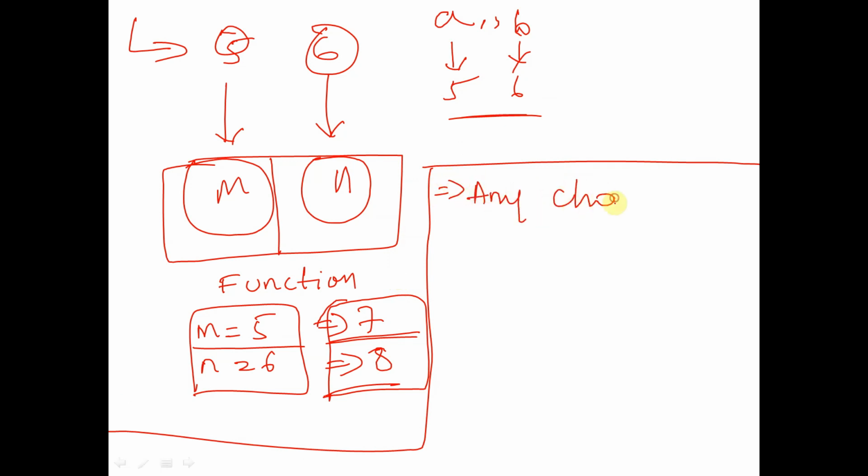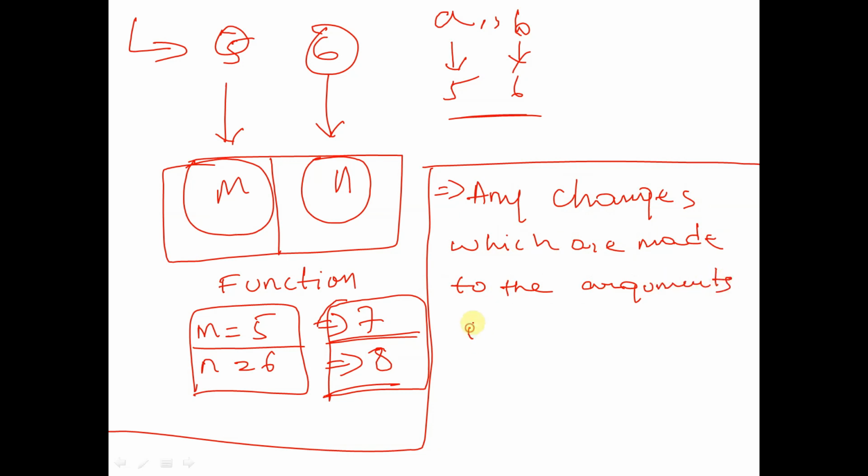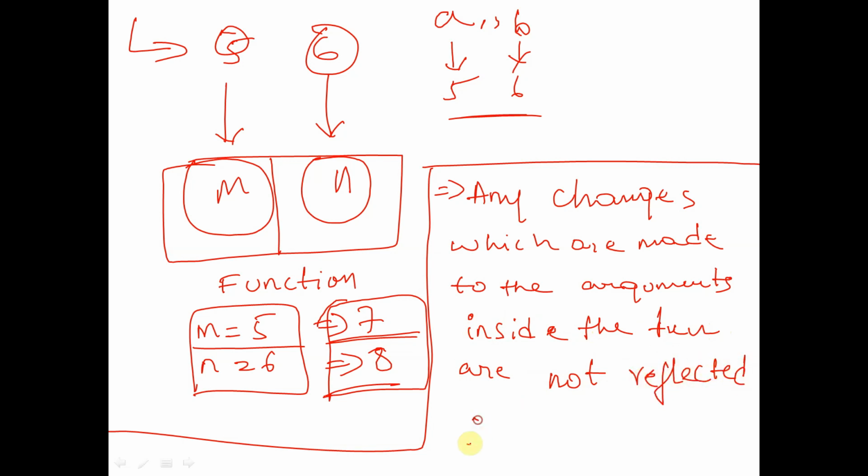So any changes which are made to the arguments inside the function are not reflected, we can say, globally.